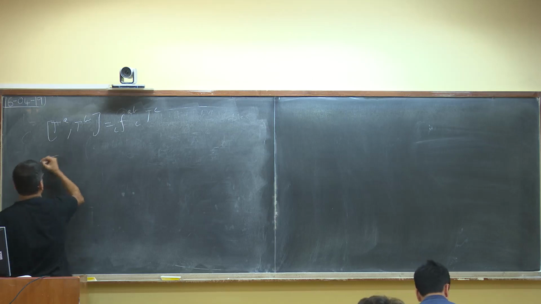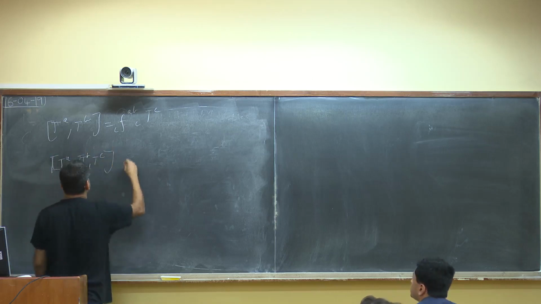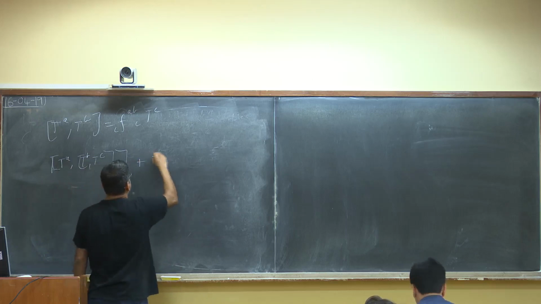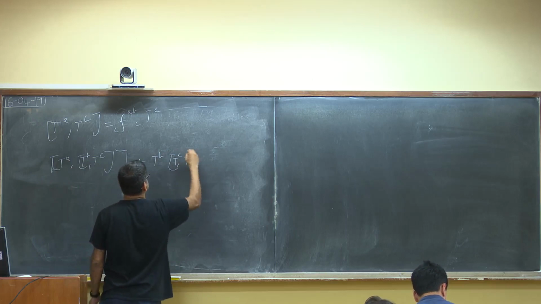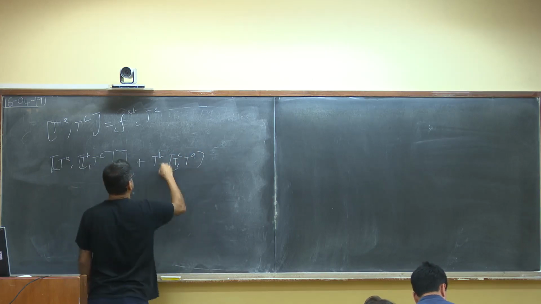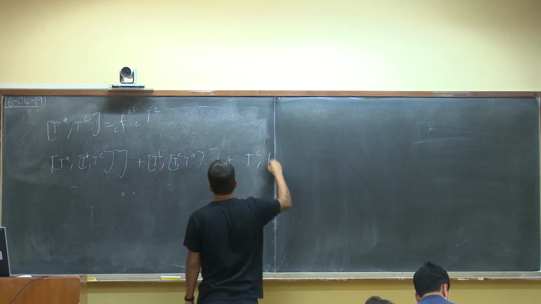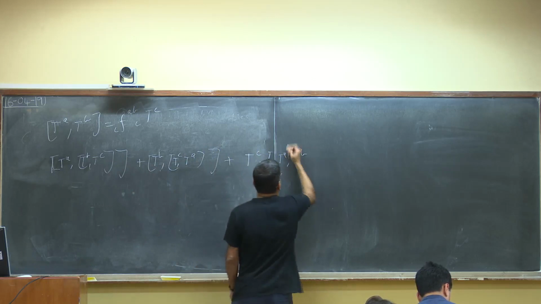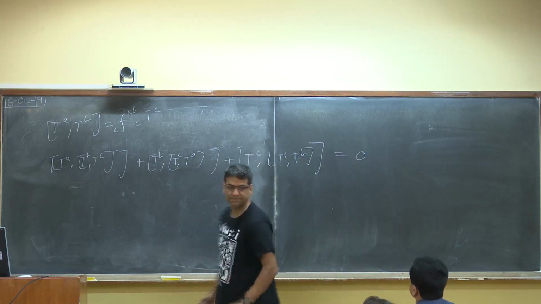It's the following statement: the commutator of TA with the commutator of TB, TC, plus cyclic, so plus the commutator of TB with the commutator of TC, TA, plus the commutator of TC with the commutator of TA, TB, is equal to 0.